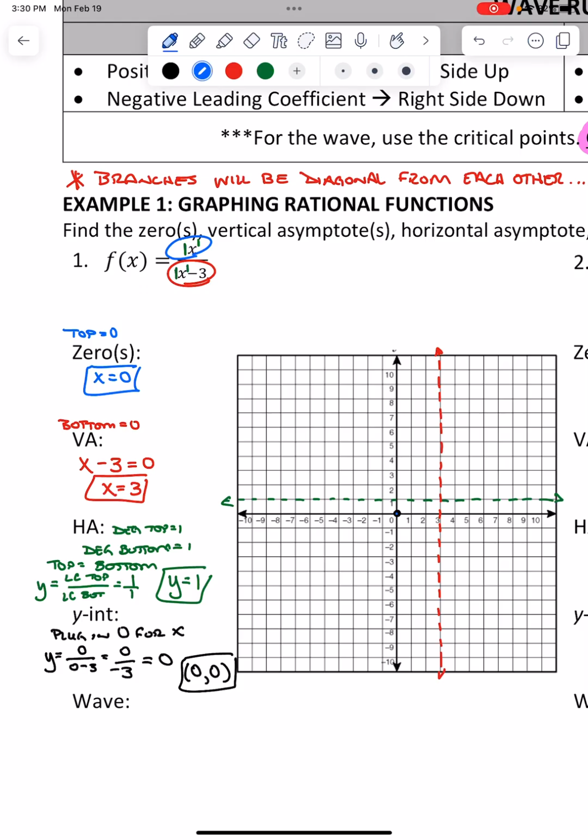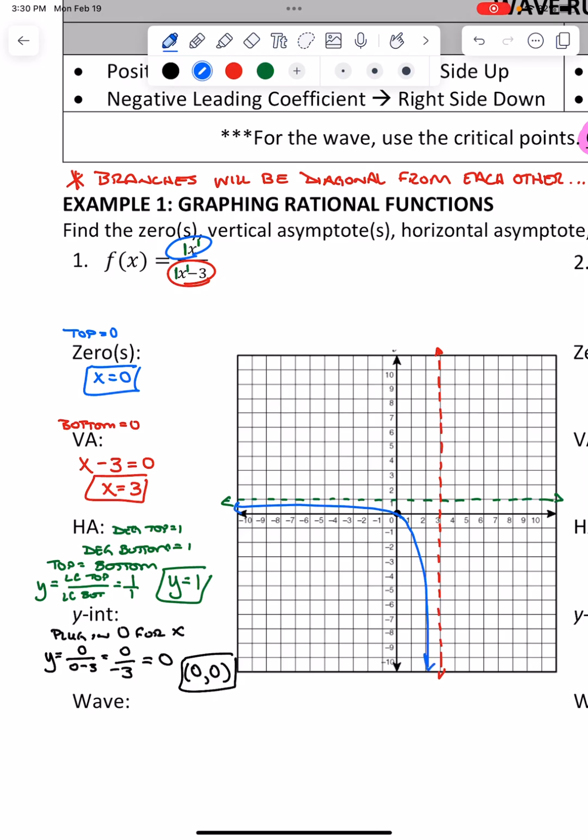So what we got to do here is remember, now that we have a point over here in this bottom left area, right? So this bottom left area, there is a point down here, right? So that means that there's a branch down there. So what we're going to do is we're going to draw in that branch, right? So we're going to be in this little area, drawing this branch, okay?